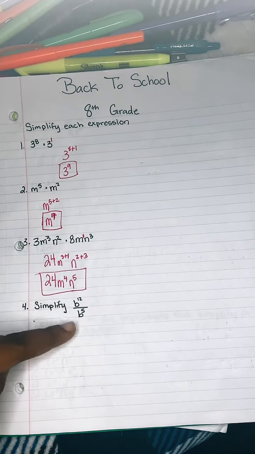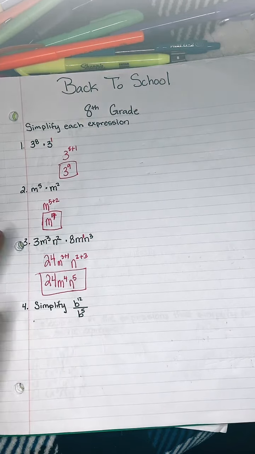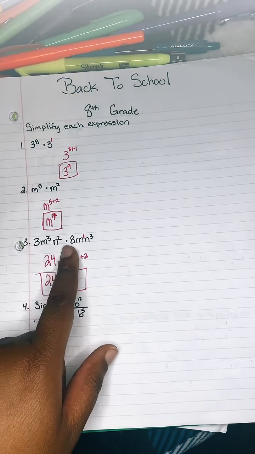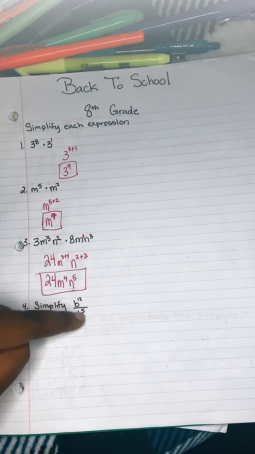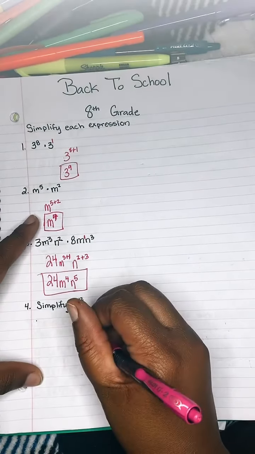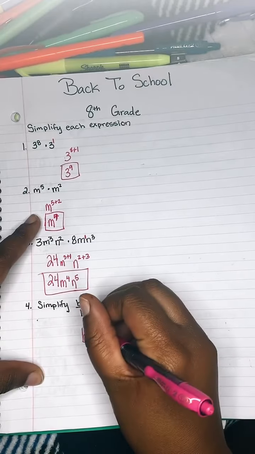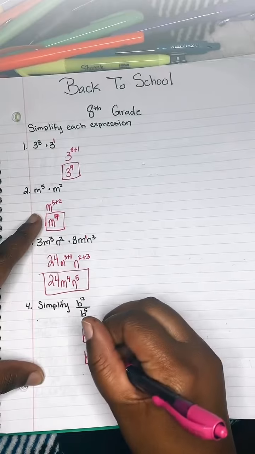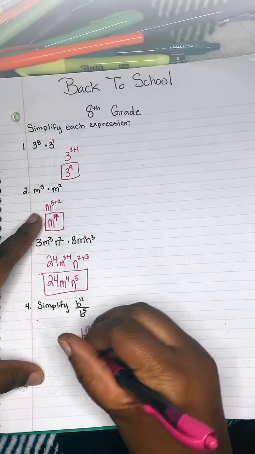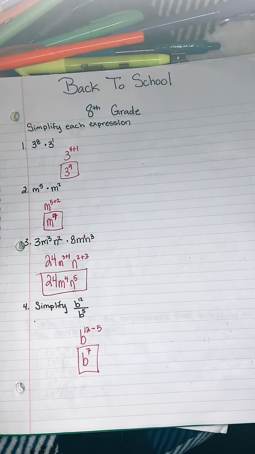We subtract the exponents. So does everybody see how when we multiply, we add? So when we divide, we subtract. Okay. So we're going to do B, 12 minus 5. And 12 minus 5 is B to the 7th. And that is our answer.